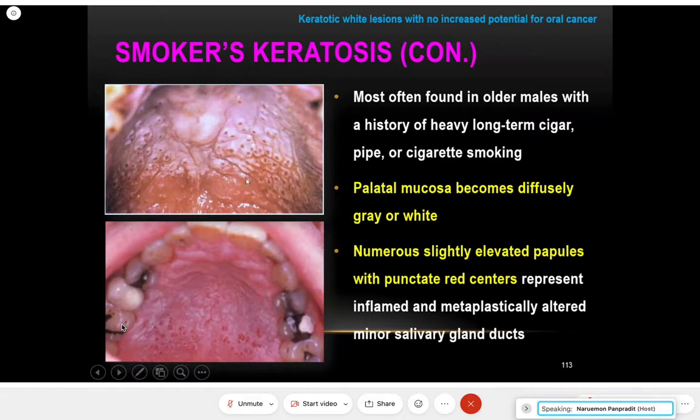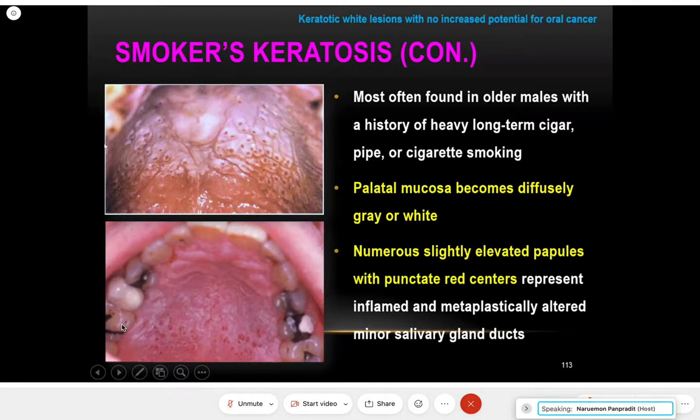This red dot is the opening of a minor salivary gland duct. It is inflammation of the minor salivary gland from the chemicals and heat. We have a lot of minor salivary glands, so it shows papules, and at the center is the inflamed opening of the duct of the minor salivary gland, like a navel at the center. That is the unique character of smoker's keratosis.